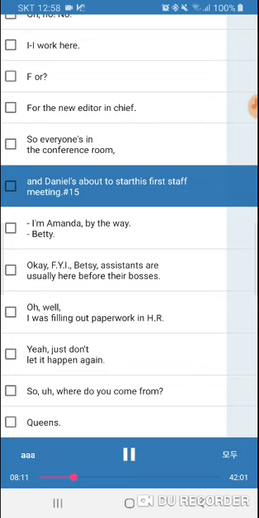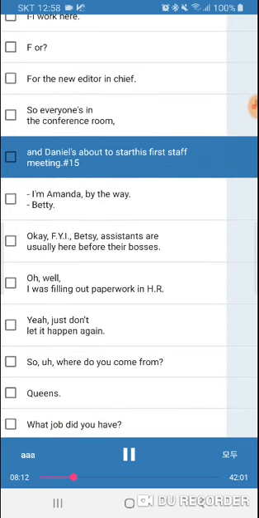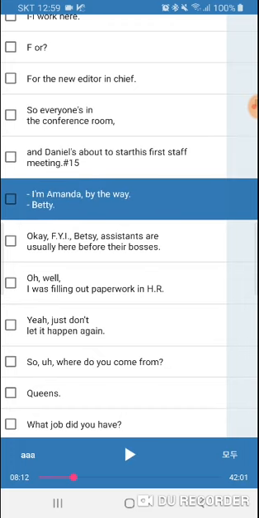And Daniel's about to start. And Daniel's about to start. And Daniel's about to start. And Daniel. Daniel about to start this. Daniel about to start. Daniel's about to start. Daniel's about to start this first step meeting. Daniel's about to start this first. And Daniel's about to start. And Daniel's about to start. Daniel's about to start his first staff meeting. Daniel's about to start his first staff meeting. Daniel's about to start this first step meeting.